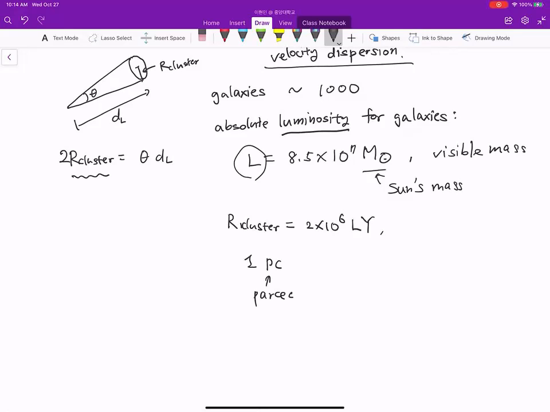Parsec equals 3.26 light years. And this is about 3 times 10 to the 18 centimeters, or 3 times 10 to the 16 meters.